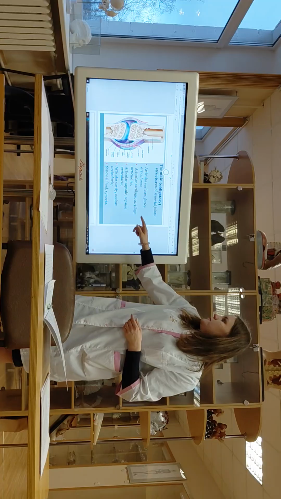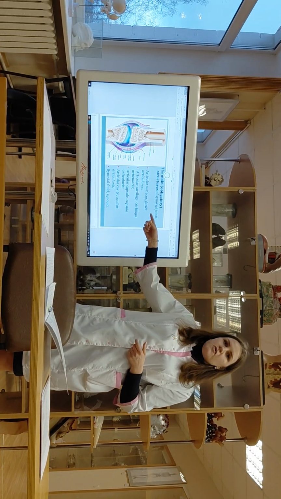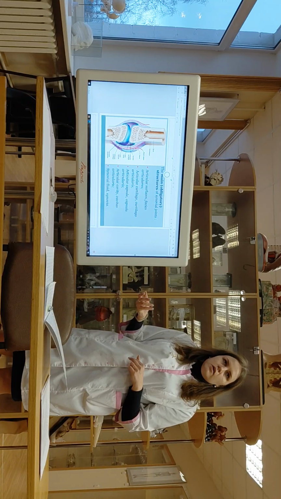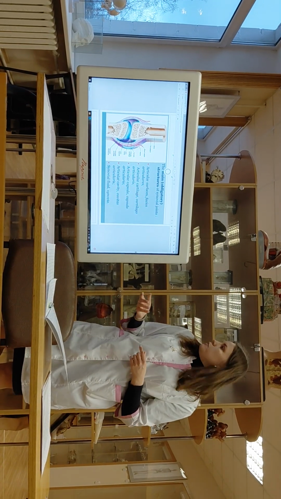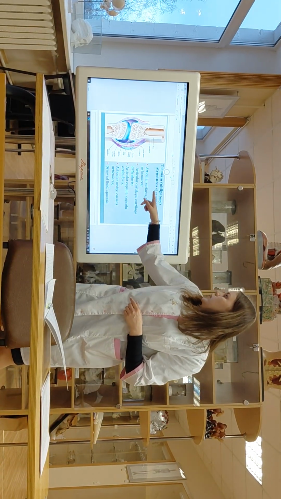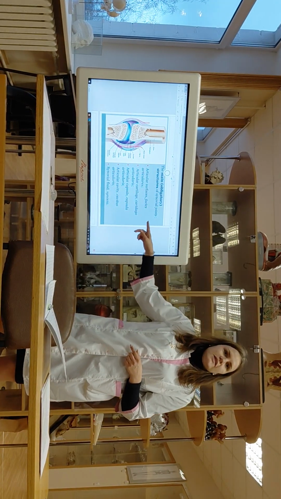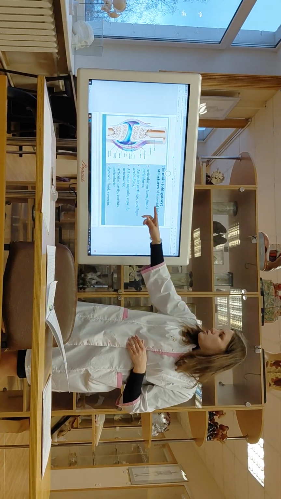Main structures: articular surface, facies articularis. It can be two, more often two, but it can be three. Then we have articular cartilage covering the surface.